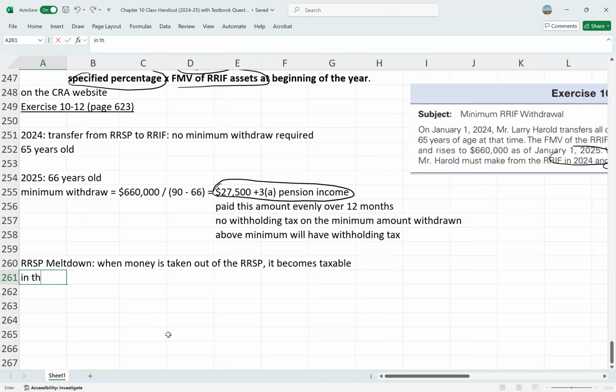And in the year the taxpayer dies, the entire RRSP balance is included in the taxpayer's net income for tax purposes, unless it's transferred to a spouse. If it's transferred to a spouse or some infirm children or grandchildren, it can be done tax-free.